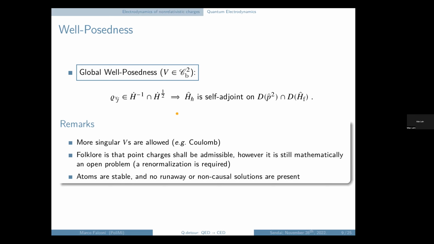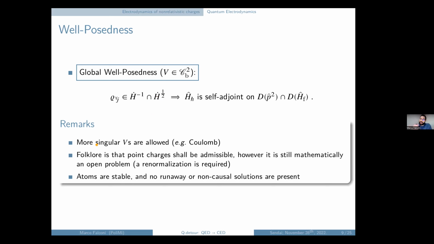In fact, we could get rid of this: we could take rho in L2 and still have essential self-adjointness, but not on this domain, and especially we may lose boundedness from below. So yes, this infrared regularity ensures that we have boundedness from below of the Hamiltonian. And the second one is the ultraviolet cutoff? Yes, exactly, there is the ultraviolet regularity. Okay, perfect.